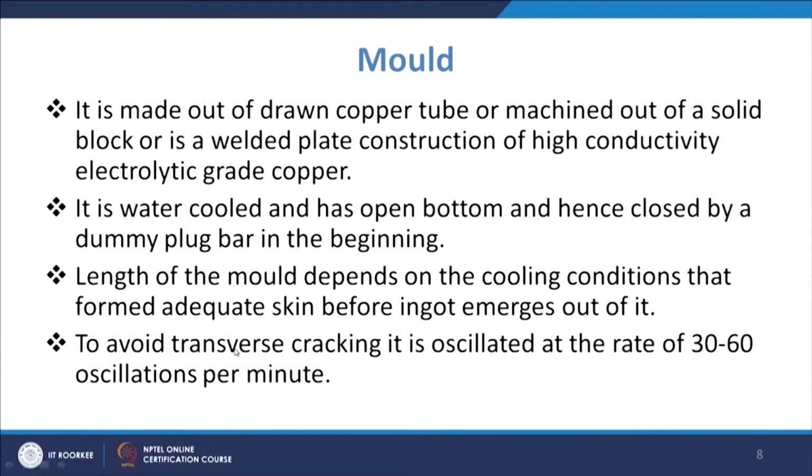Also, to avoid transverse cracking, the mold is oscillated at the rate of 30 to 60 oscillations per minute. We have already seen that you are giving that oscillation, and for certain regions you are giving the negative strip, so that it can leave the mold.